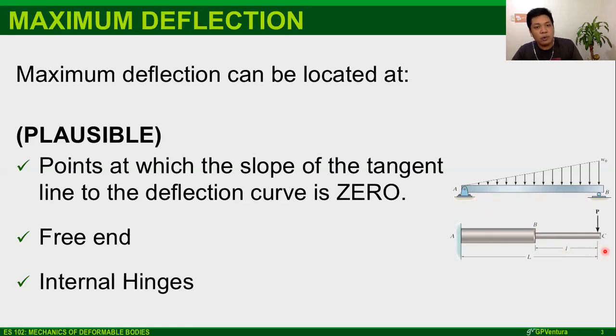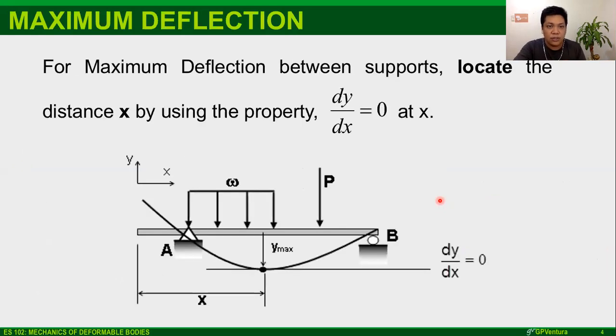In ES 102, we will be concentrating on the first two plausible locations. Now, trying to look at the first plausible location, how do we determine where the slope of the tangent line to the deflection curve is equal to 0? If the slope of the tangent line to the elastic curve is equal to 0, since the tangent line is horizontal, dy over dx is 0.